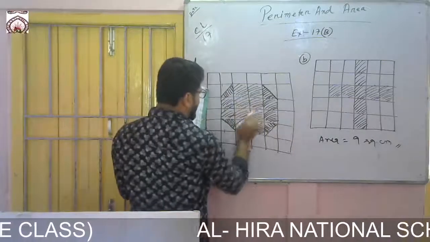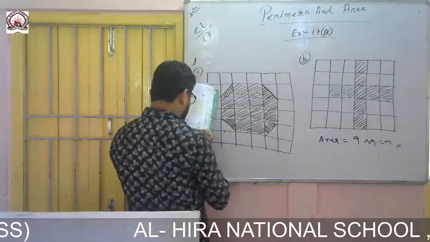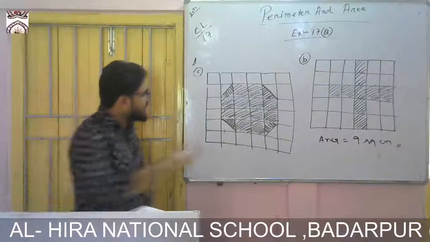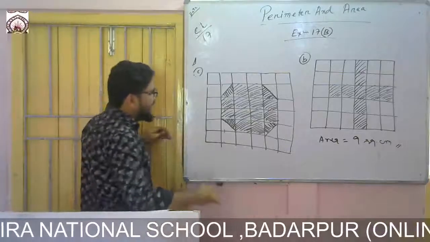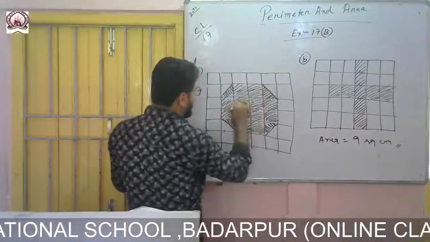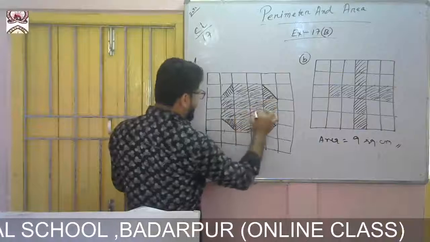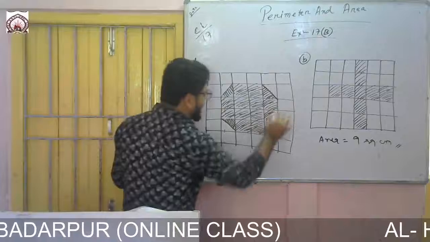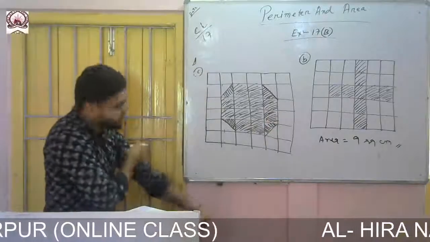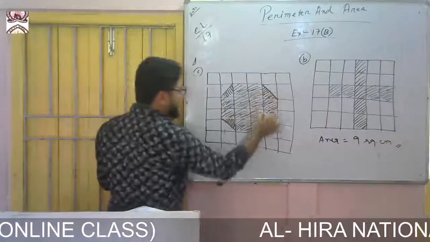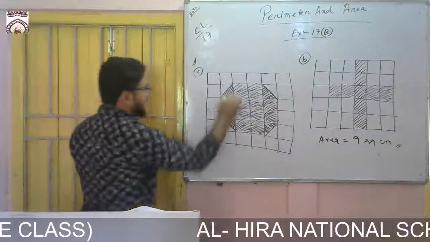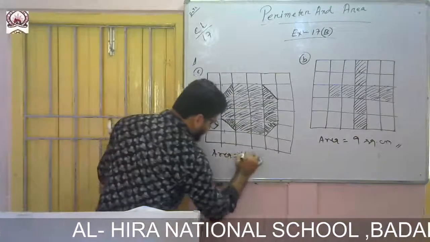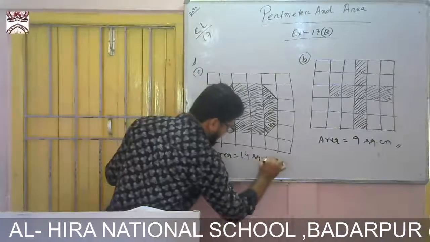One, two, three, four, five, six, seven, eight. So here you see how many are fully shaded? 1, 2, 3, 4, 5, 6, 7, 8, 9, 10, 11, 12. Then 12 are fully shaded. Now this half makes 13, and this half 14. So area will be 14 square centimeter.